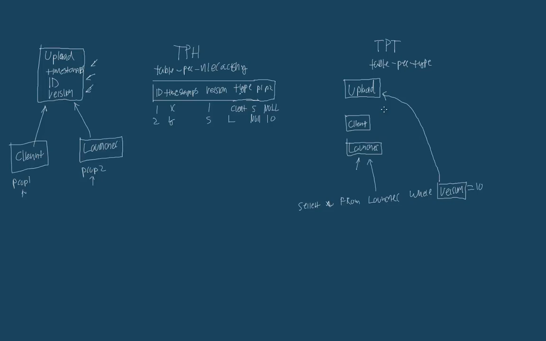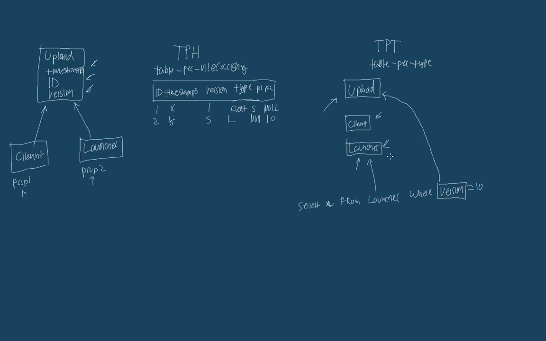And then let's say, for example, we wanted to query on all uploads. If we queried on all uploads on TPH, we would only perform one query with no joins, and then Entity Framework would know whether to instantiate a client or a launcher. If we perform a select query on upload, there are two possibilities. A, we could query on the upload table directly and join on every single other table that exists in order to get this into one query.